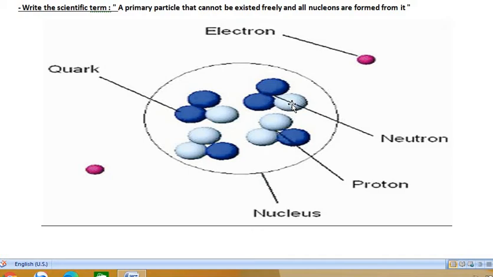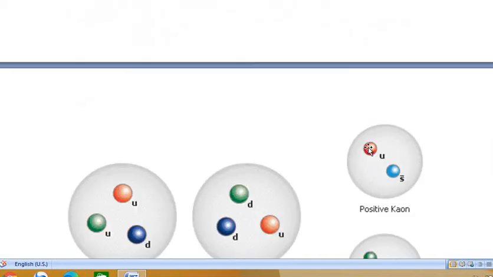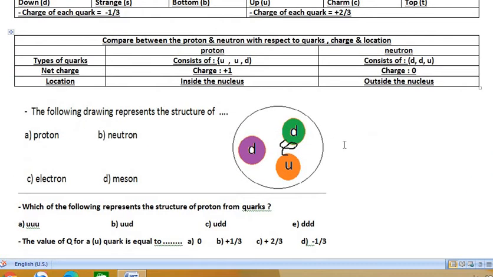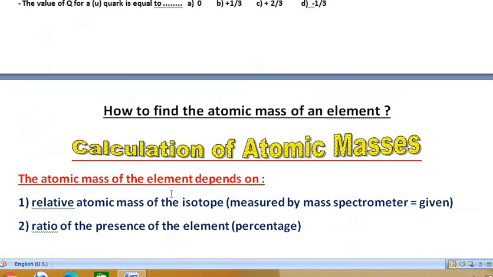So the total charge of the neutron is 0, which means that the neutron is a neutral particle. Here this figure shows UDD, which means that this represents a neutron. The answer here is neutron.